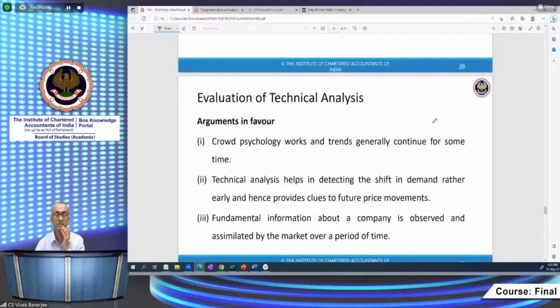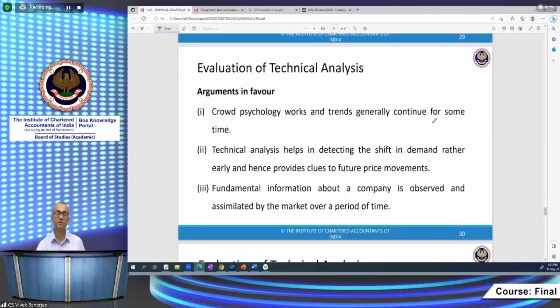Okay, these are some of the evaluation arguments in favor of technical analysis. Yes, crowd psychology works because it depends upon the behavior of the people. Technical analysts help in detecting shift in demand rather early and hence provide clues to future price movement.